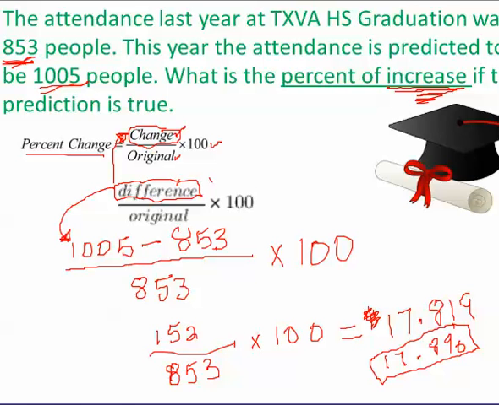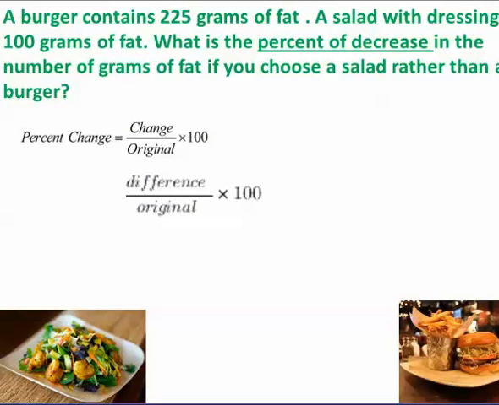Let's try one more like that. That was percent increase. This one is percent decrease. Just a tad different. You'll see how it works out a little different. A burger contains 225 grams of fat, whereas a salad with dressing is only 100 grams of fat. So what is the percent of decrease in the number of grams of fat if you choose the salad rather than the hamburger?